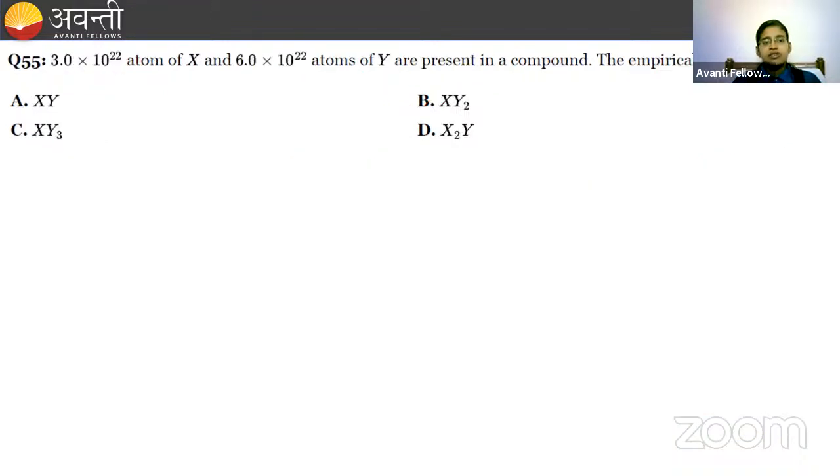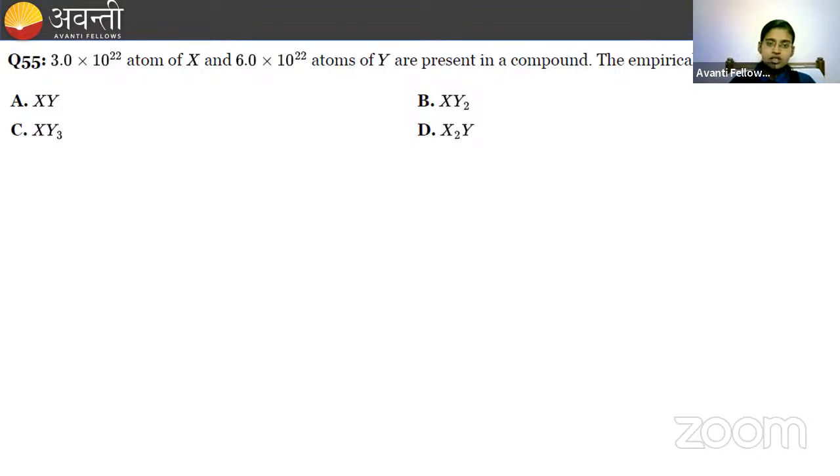Question number 55 says 3.0 into 10 to the power 22 atoms of X and 6.0 into 10 to the power 22 atoms of Y are present in a compound. The empirical formula is?